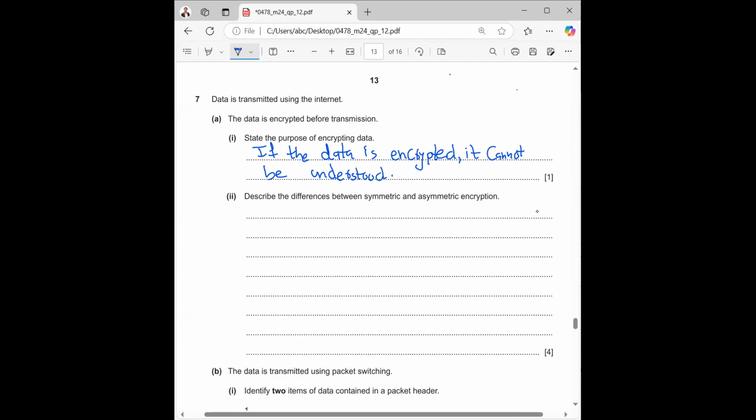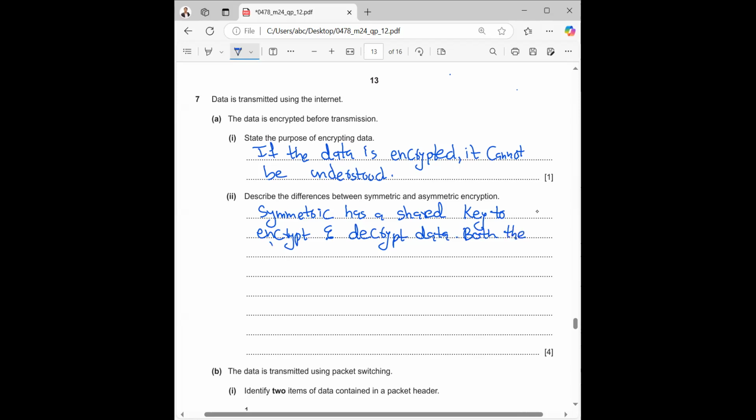Discuss the difference between symmetric and asymmetric for 4 marks. So that means symmetric has a shared key to encrypt and decrypt data.